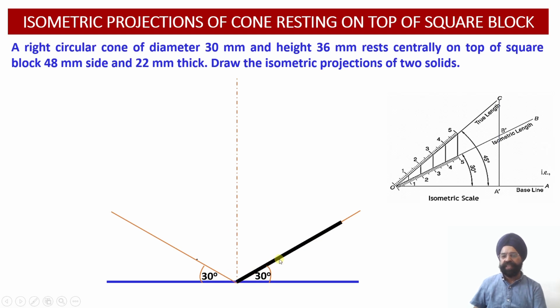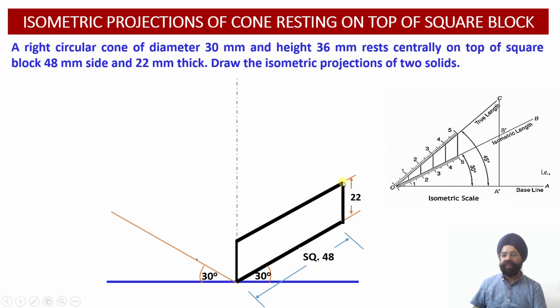So please check it. This is the 48 millimeter edge length of the square that we have marked along the z-axis. Similarly, we are going to mark 22 millimeter thickness of this particular square block. So this is drawn along the y-axis, and then another edge which will be equal to 48 millimeter we will be drawing over here.